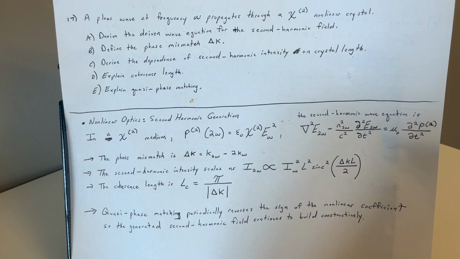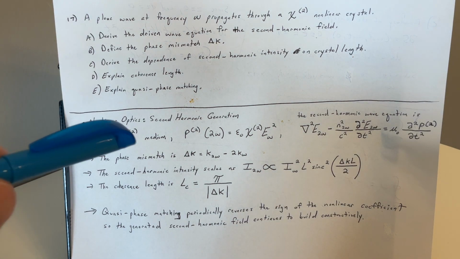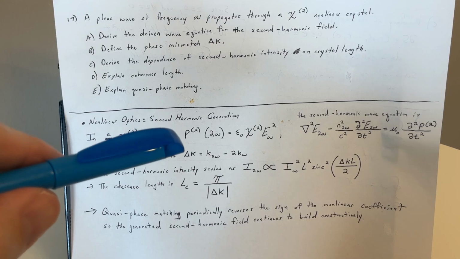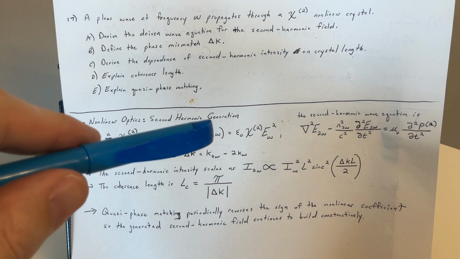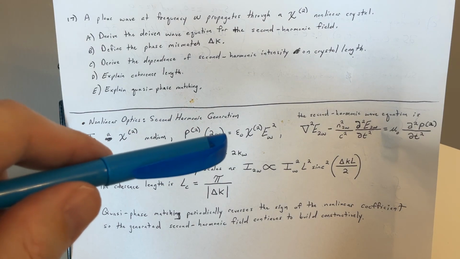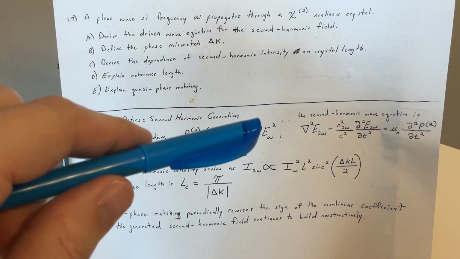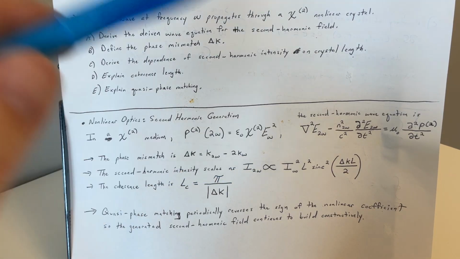So this is nonlinear optics, harmonic generation. Okay, so in a chi-2 medium, P of 2 omega equals epsilon naught chi-2 E sub omega squared.